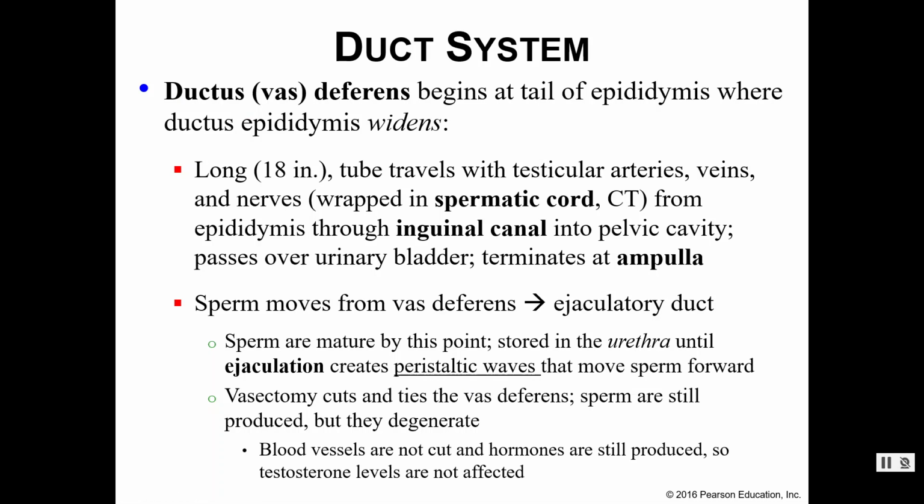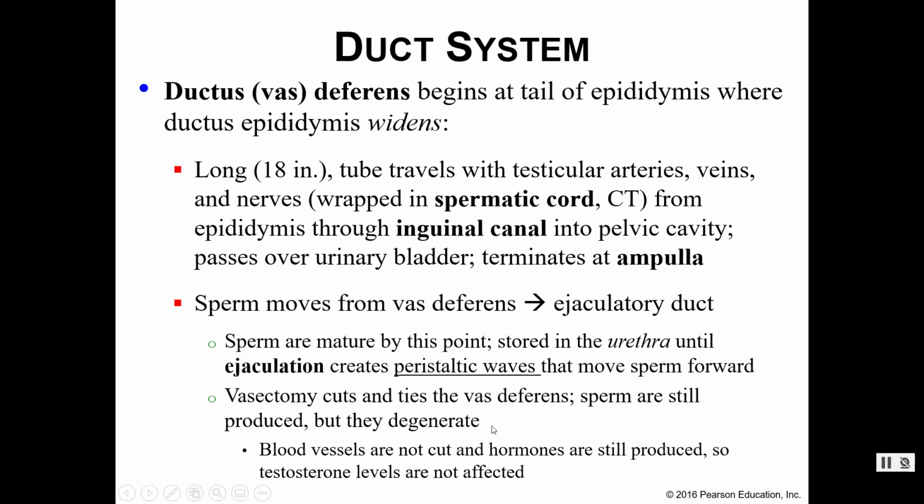Now, it is very common for a male to undergo a vasectomy as a form of birth control; you would sever the vas deferens from the rest of the duct system. So the sperm are still produced, but they're not able to progress farther than the vas deferens region.